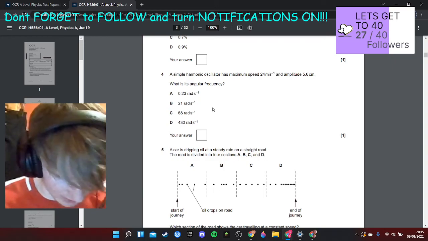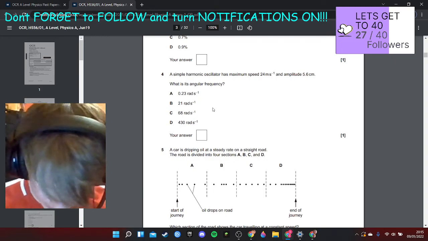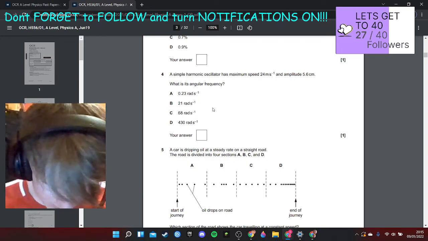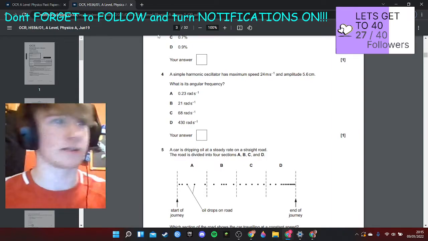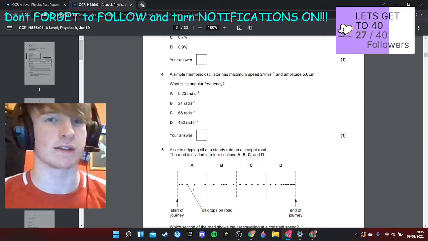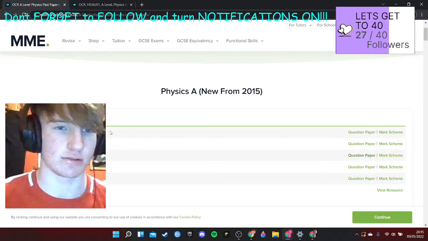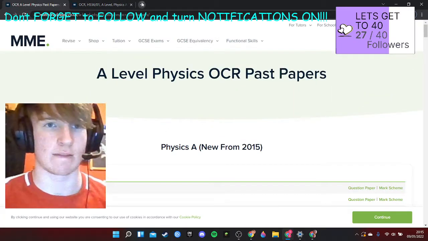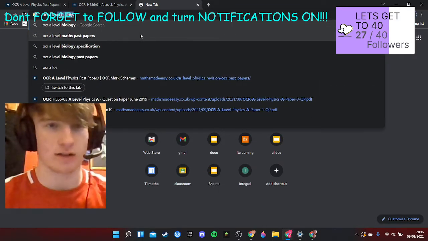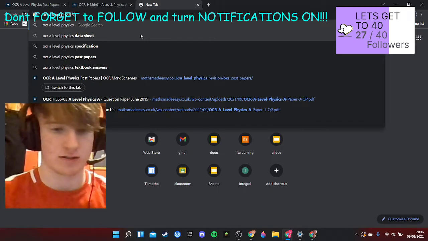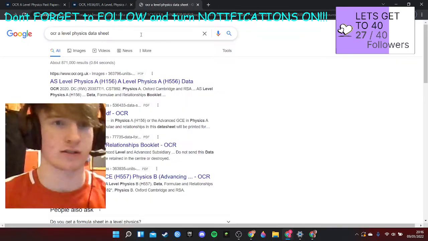That has frequency in it. I guess it has to be that. So it has to be the angular frequency equals 2 pi f. I should probably get the data sheet up. I can do that. OCR A-level physics data sheet.